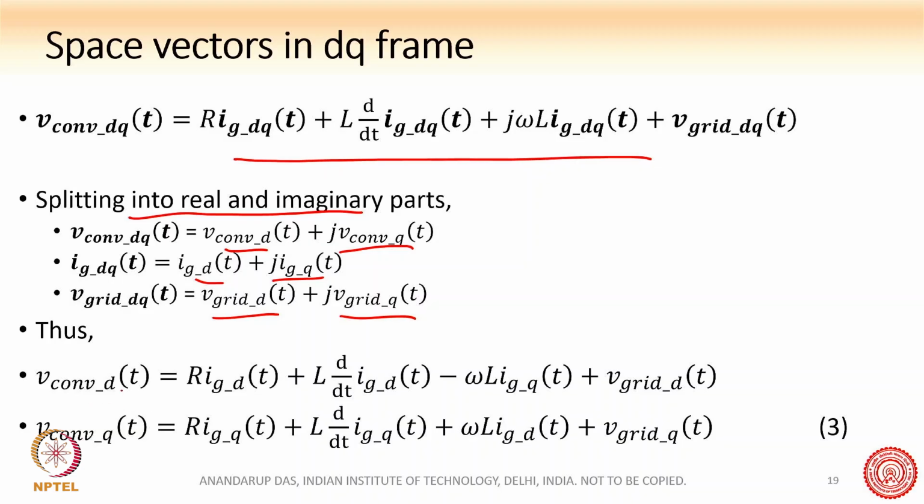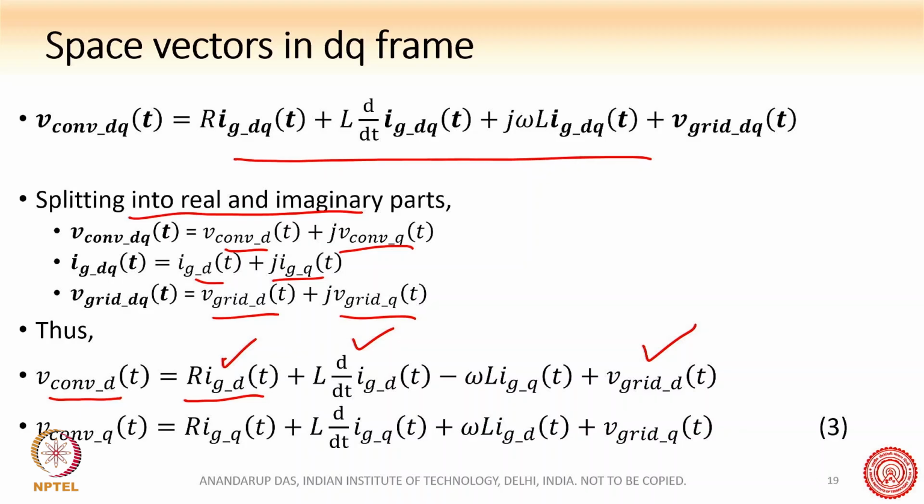What we see here is that v con d is R i_gd, which means that if you have a converter, the d axis component of the converter voltage will cause R times the d axis grid current, and then you have L di_gd/dt, and also there is v grid d.